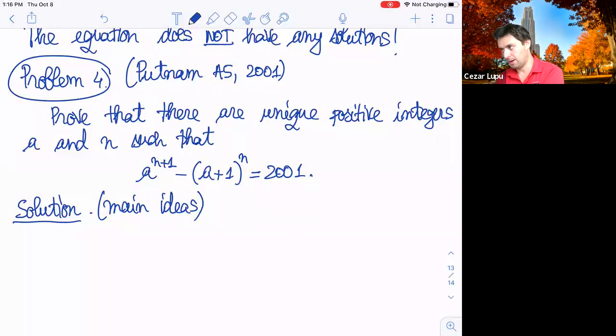That is the question, and what are those numbers? Because you'll see that this will be important when we mod something out here.